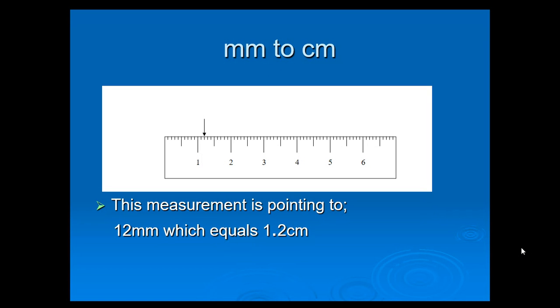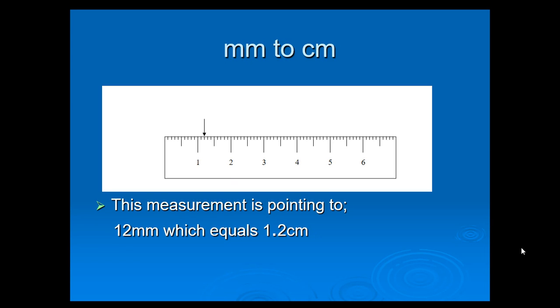The decimal place is kind of in its neutral position when it's in the 1 spot. If it's in the 1 spot, it would be written 12 with the label millimeters. If we're going to change the label to centimeters, we move the decimal place to the 10 spot.